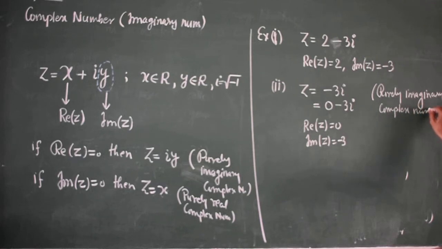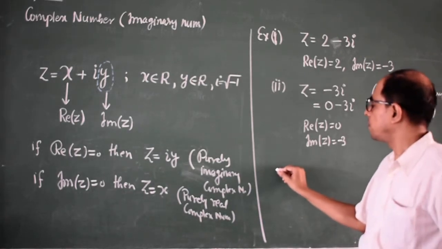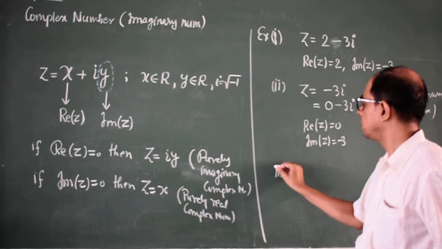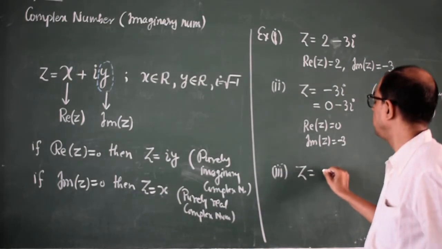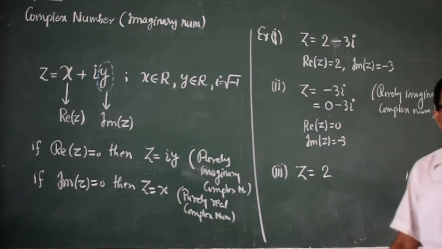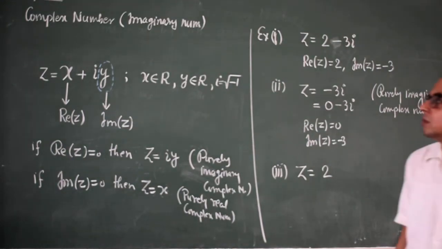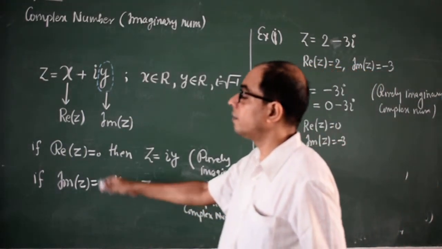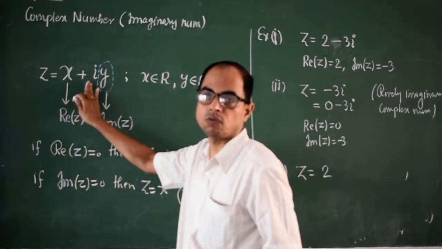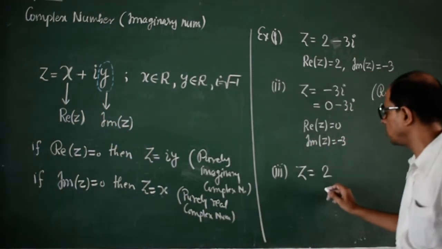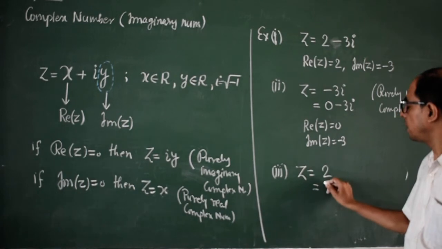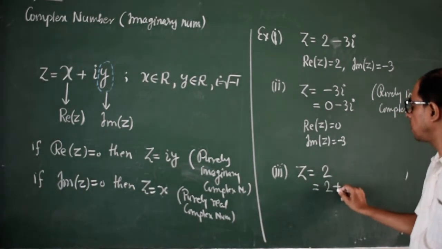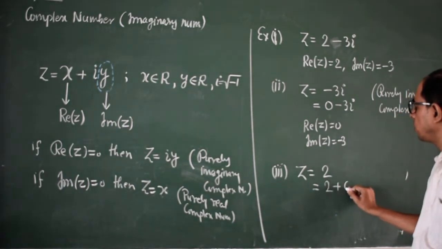Now suppose we are writing here z equal to only 2. Is it a complex number? According to the definition, any number which can be put in this form. So let us put this number in that form. It can be written as 2 plus 0 into iota.